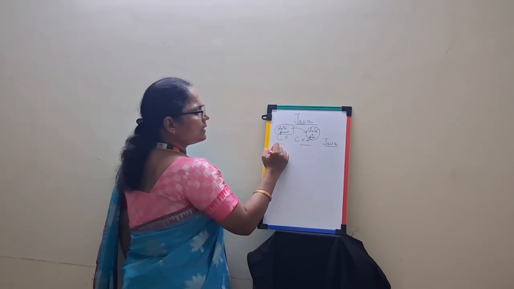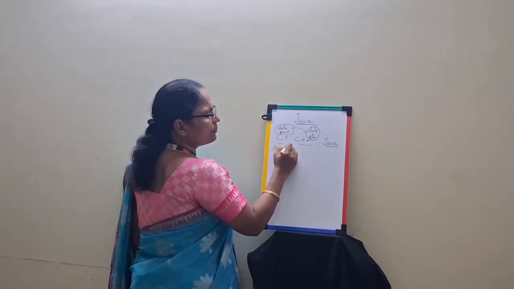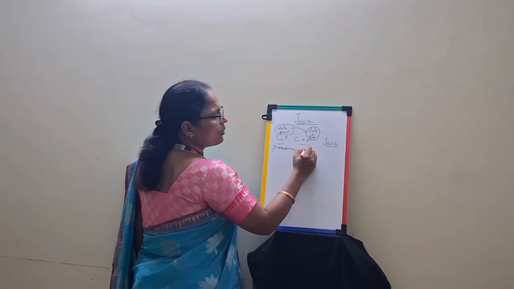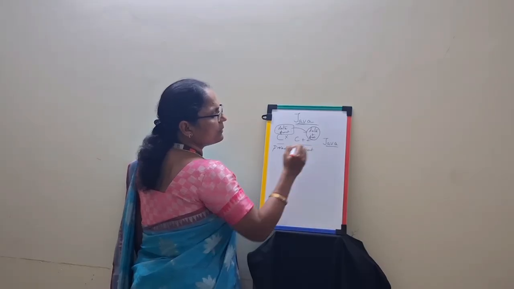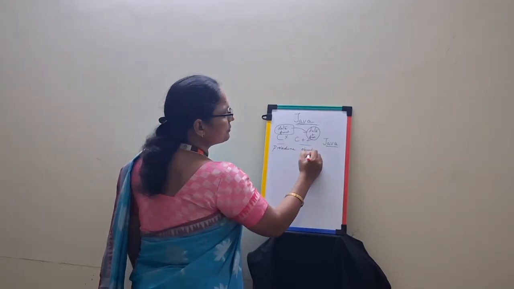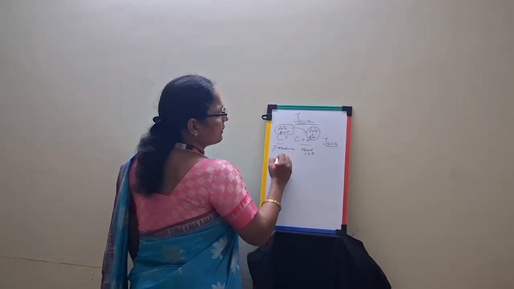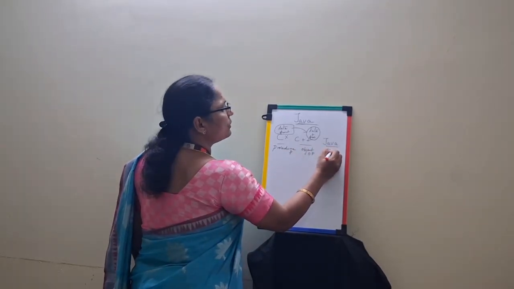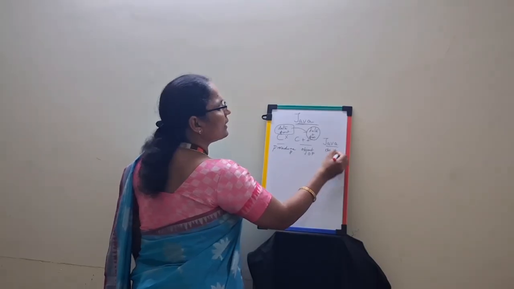So C is a procedure oriented programming language. C++ is an object oriented programming language. Java is also an object oriented programming language.